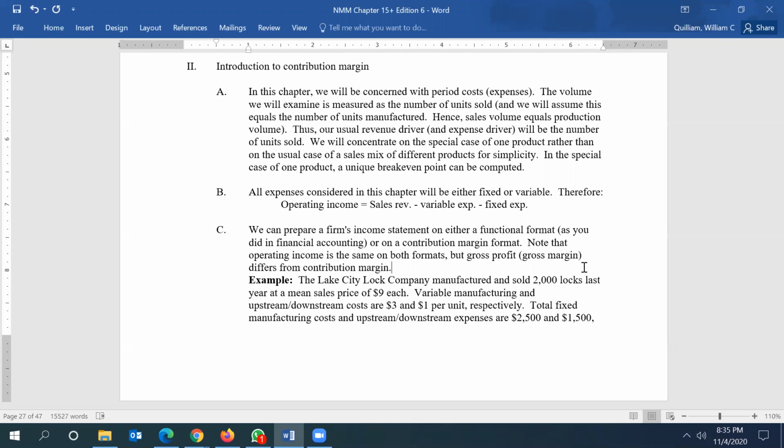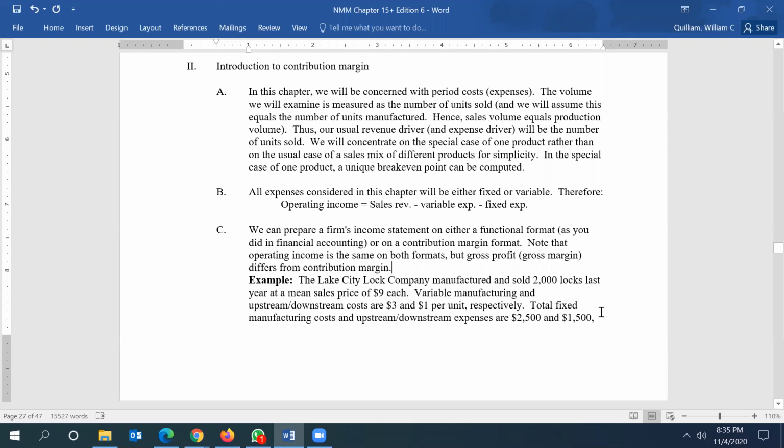You'll also be using the contribution margin format in cost accounting, if you take it, but all of you will take managerial finance, so you'll use it in there too. We're going to note that operating income is the same under both formats, but gross profit, sometimes called gross margin, is going to differ from something called contribution margin.